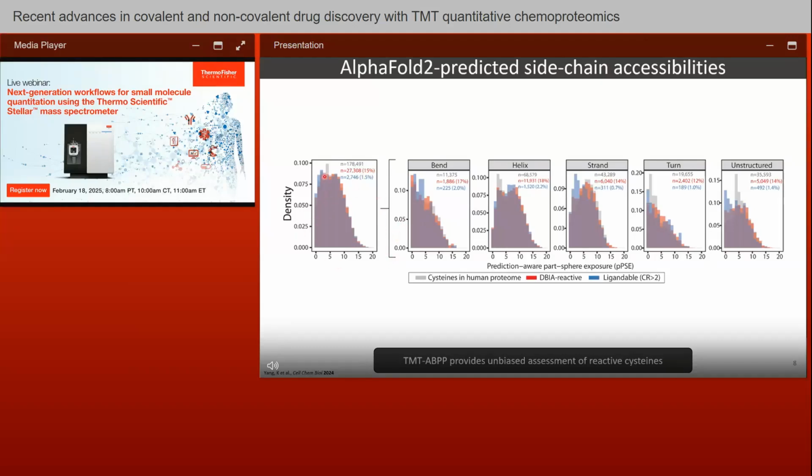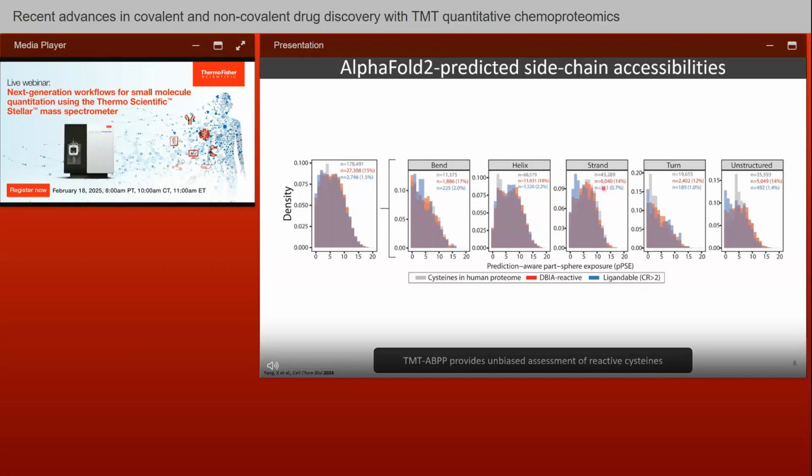What you're seeing here is that the gray and the red overlap perfectly. The gray is all the human cysteines. The red is those that we can access and measure. These are considered reactive cysteines. And the blue are the ones that actually have a good ligand that can bind to it, with a CR value greater than 2, right? So you can further break them down into different secondary structures.